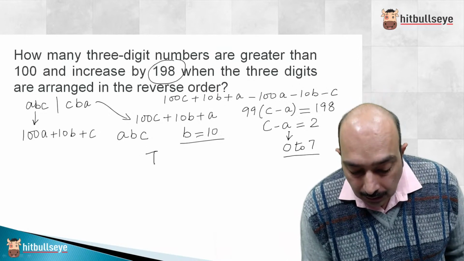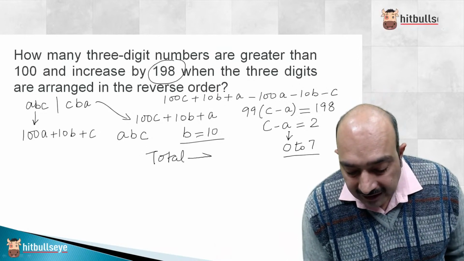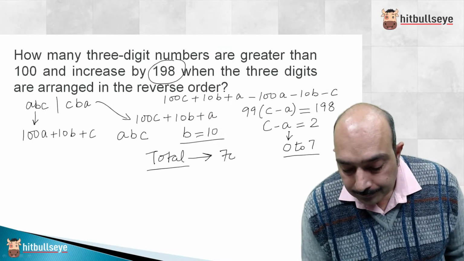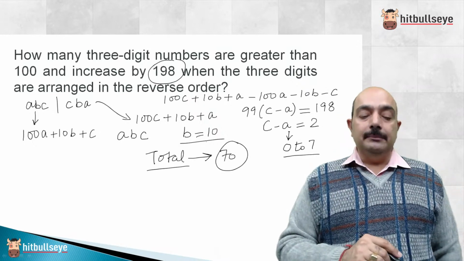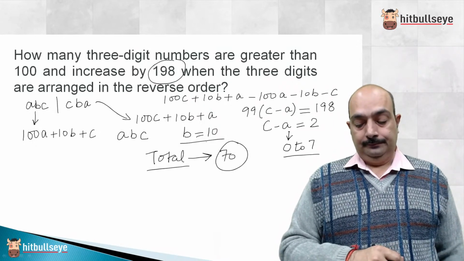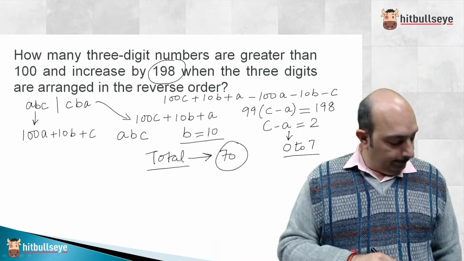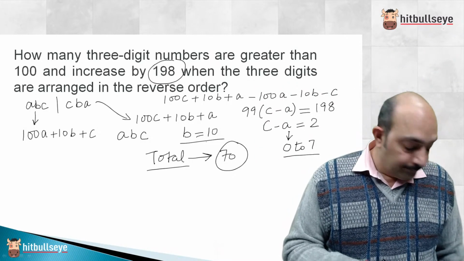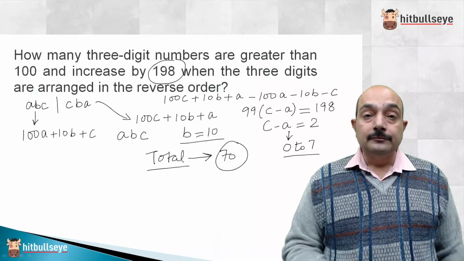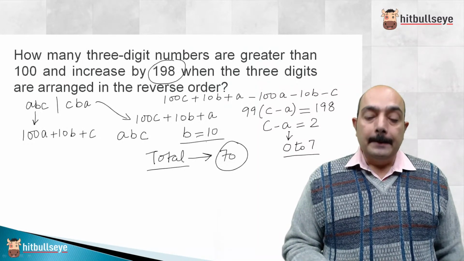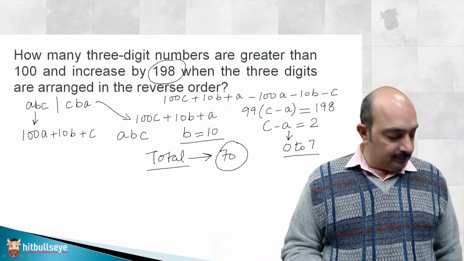Which means, how many total numbers you can get? Can I say you will be getting 70 numbers? Yes? No reply. Getting it? So this question is done. So there are 70 numbers. That's your answer.